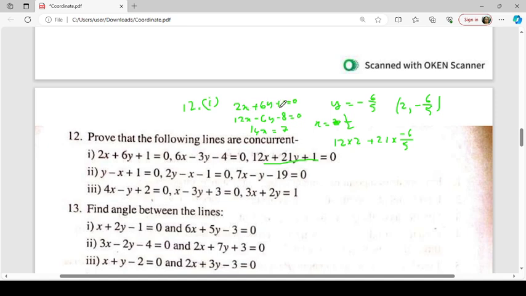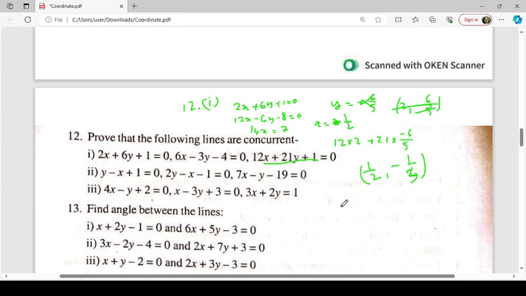So y is equal to minus 1 by 6, not this one. So x is half and y is minus 1 by 3.